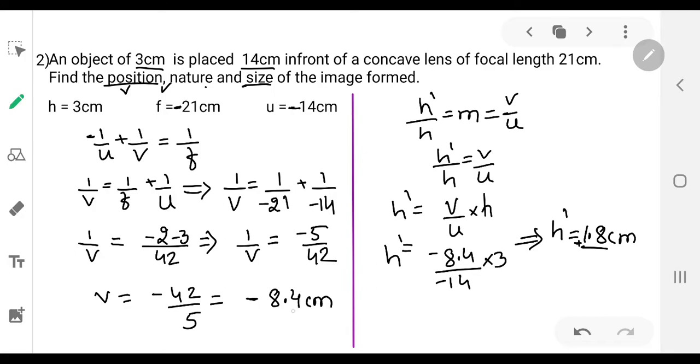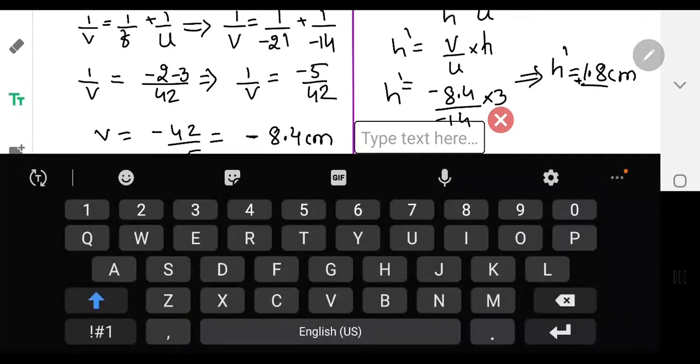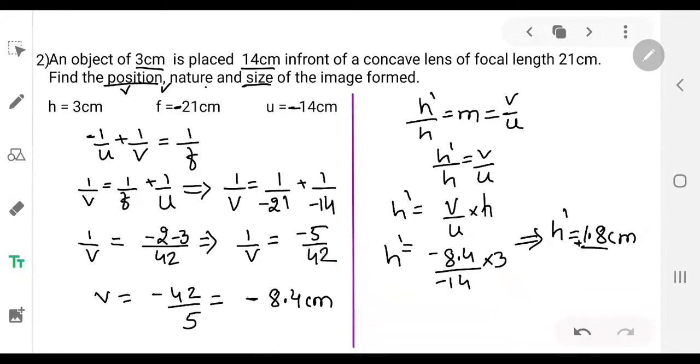So the image is virtual. So the image is virtual, erect and diminished.